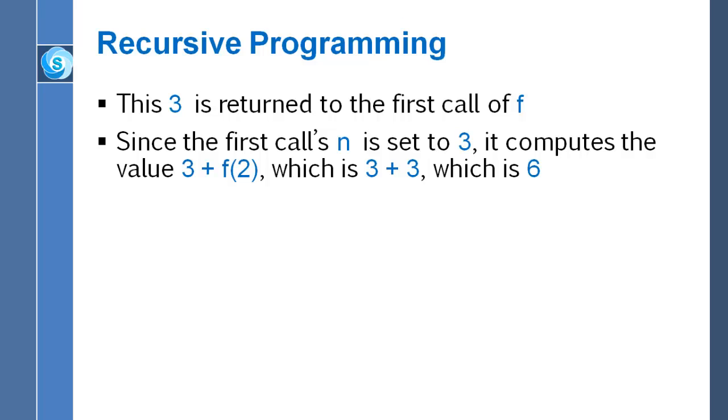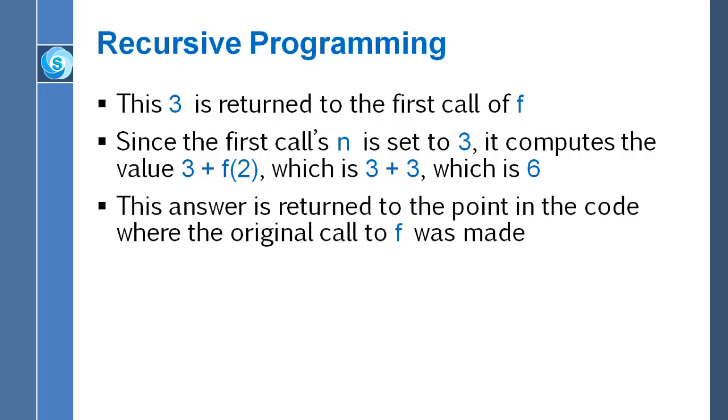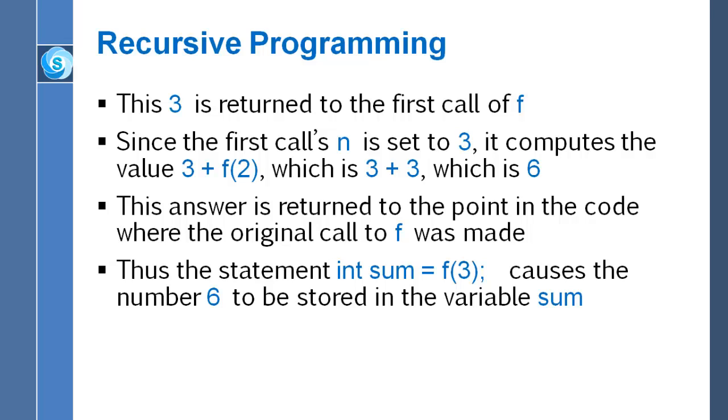And that, at last, is the answer that the first call of f is going to return back to the original call to f. There was the original call to f which said int sum equals f of 3. Okay? We now have the answer to f of 3. f of 3 is equal to 6. So this statement right here, the upshot of it is just going to compute the number 6, and the number 6 is going to get stored in sum.